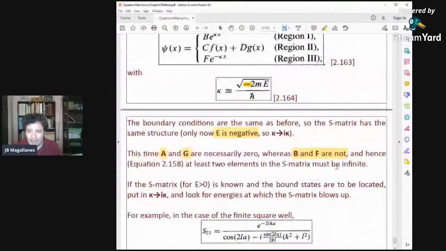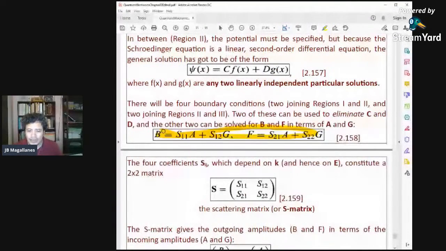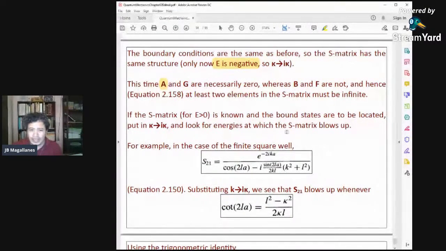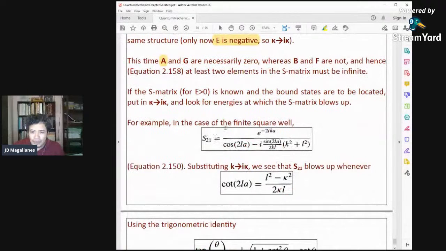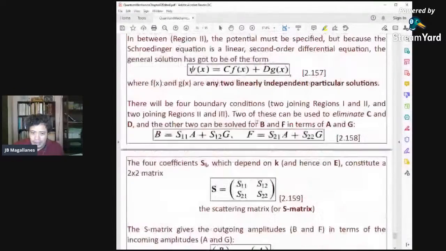So this equation will give you only 2 elements, because one of them is 0.